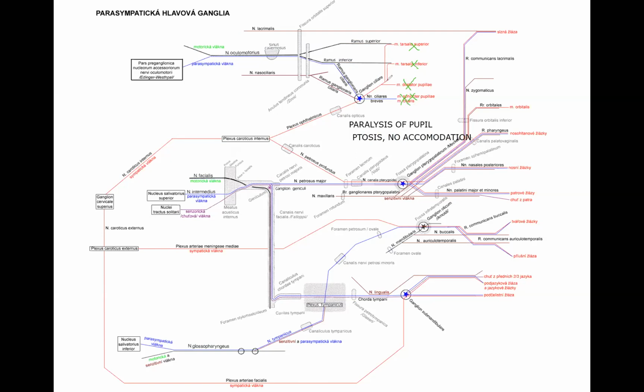So if you destroy the ganglion, even though the ganglion is parasympathetic, the sympathetic fibers pass through the ganglion. They are not synapsed, but they pass through, so it's a paralysis of the pupil, no constriction, no dilation. You understand that? Perfect.